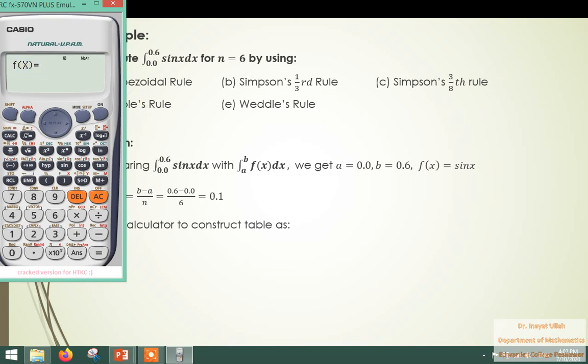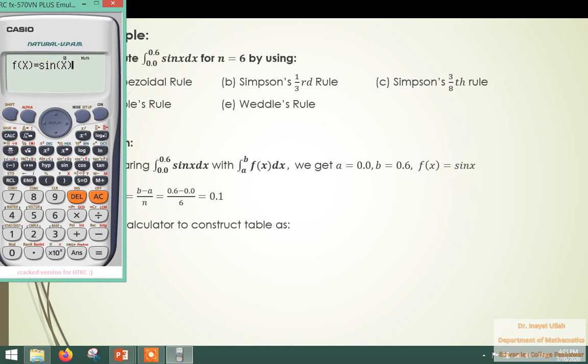So we will tell the calculator that our function is sine x. Press sine. Then we need to press x. The color of x is red, so alpha should be pressed, and then this button. You see that x is there. Now close this bracket. We have entered f of x equal to sine x.